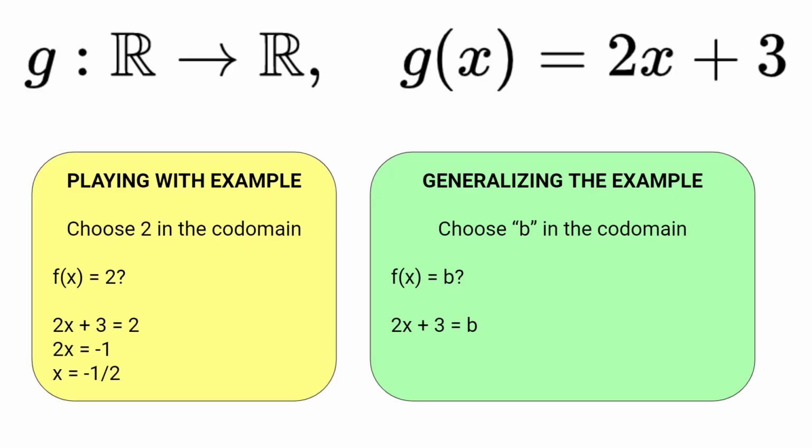The formula for g tells me this would mean that 2x plus 3 equals b. I can now solve that equation and get 2x equals b minus 3, and so x is equal to (b minus 3) divided by 2. Now that shows me that for any b in the codomain, I can get a generic process for finding the value in the domain that maps to it. And that makes this function surjective.